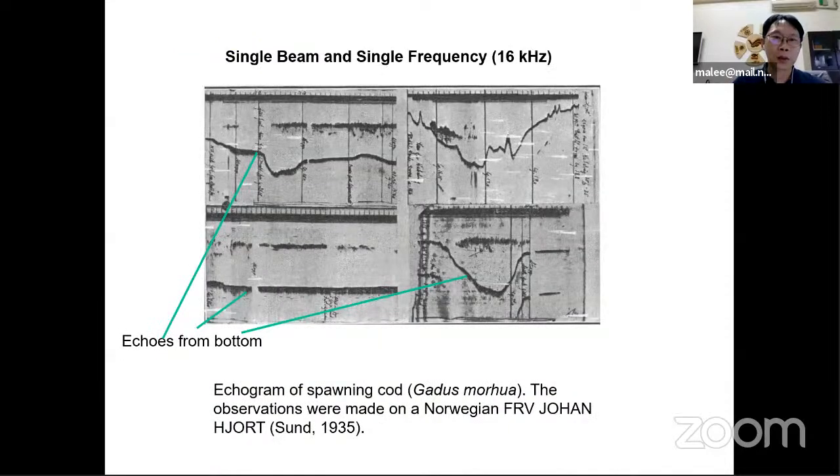This slide is the echograms of spawning cod. This observation was made on a Norwegian research vessel and published in 1935. From this figure, we can find where the echoes from cod are.